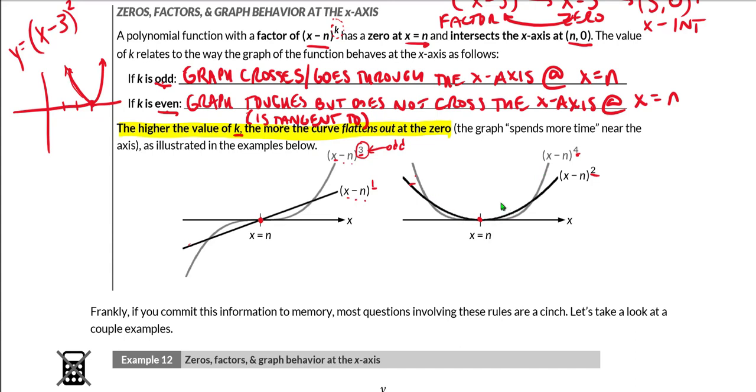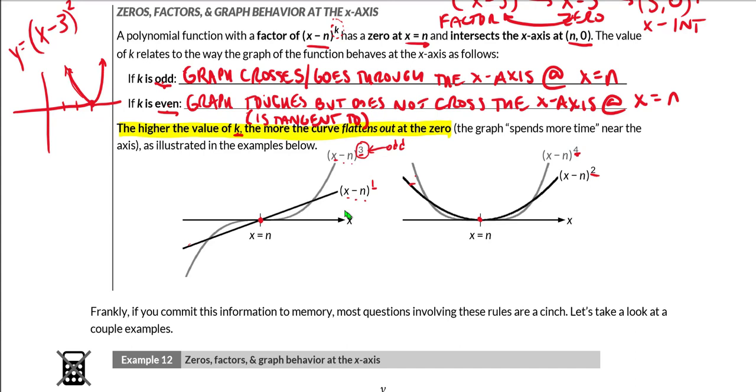They're both tangent, but the factor that has the exponent of 4, larger than the exponent of 2, that gray curve is flattening out more near the axis than the black curve is. So again, odd versus even makes the graph cross versus touch, and then the larger the value of k, the more the graph flattens out around the axis.